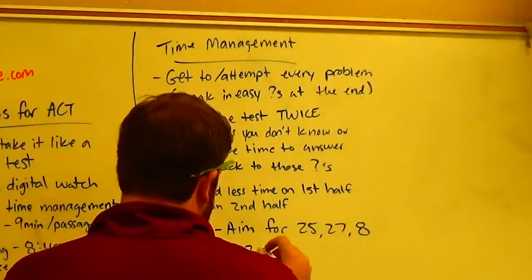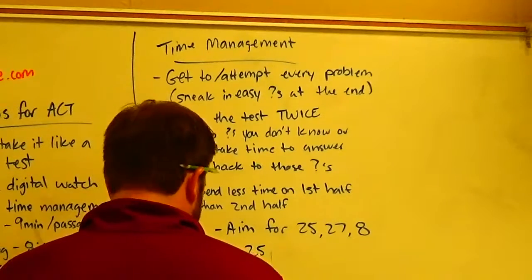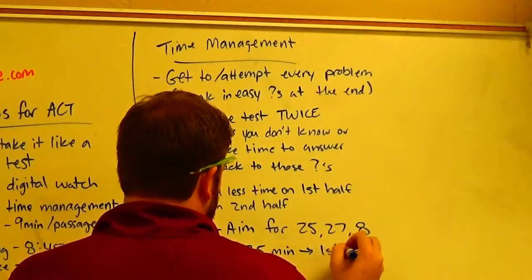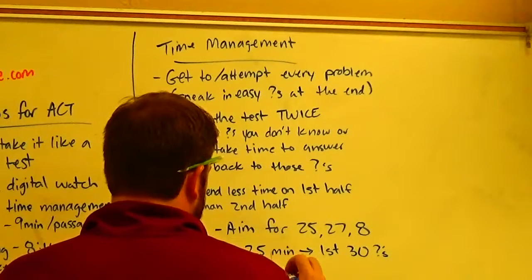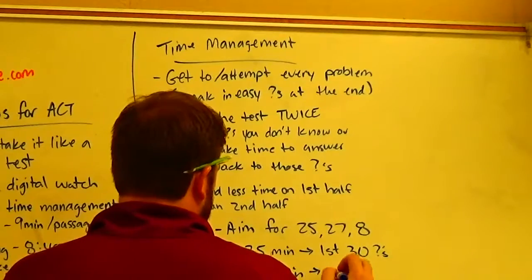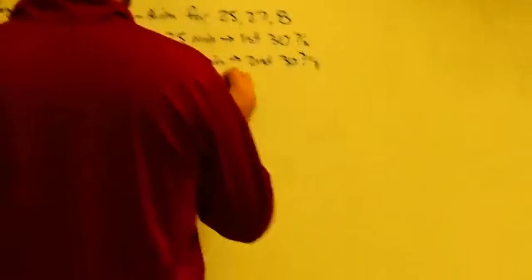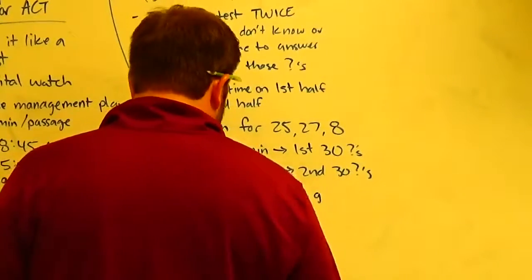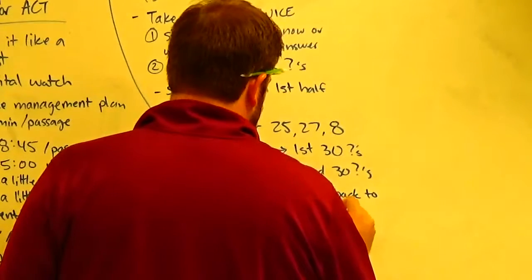What that means is 25 minutes for the first 30 questions, 27 minutes for the second 30, and then 8 minutes to go back to skipped questions.